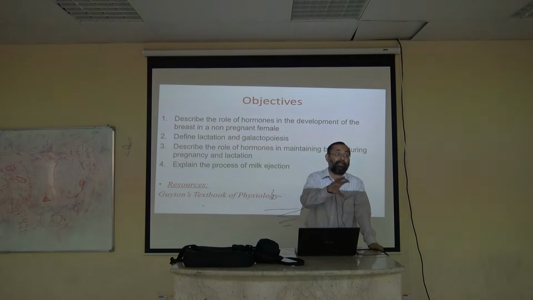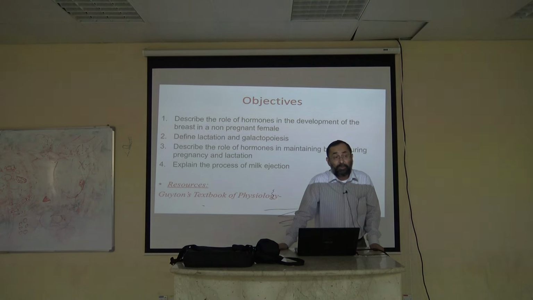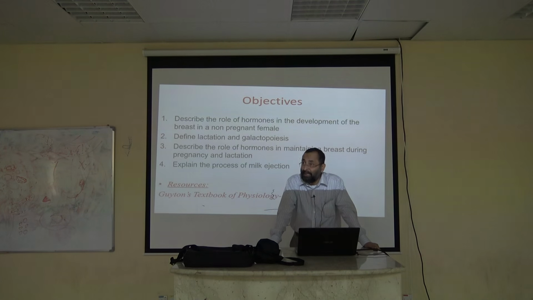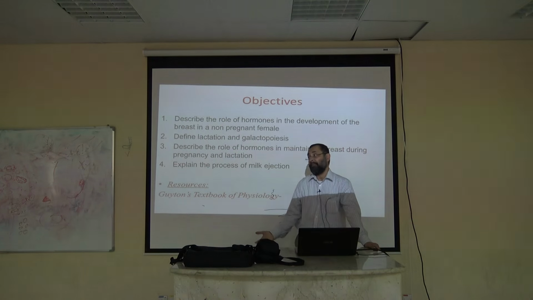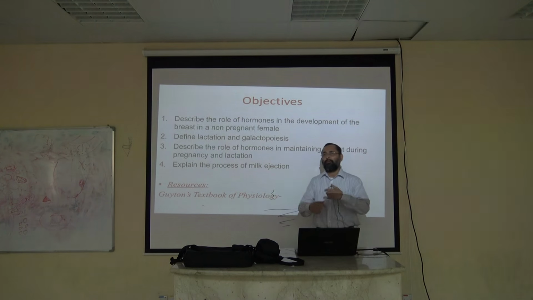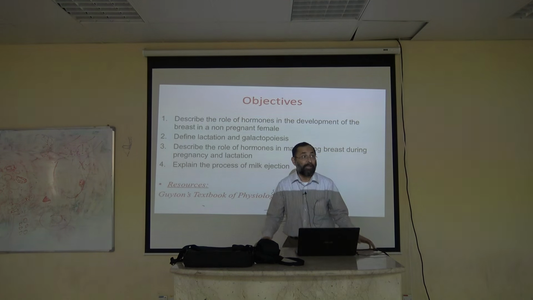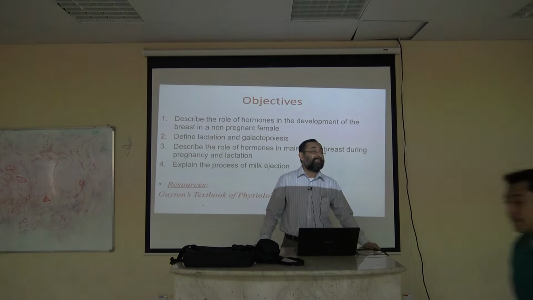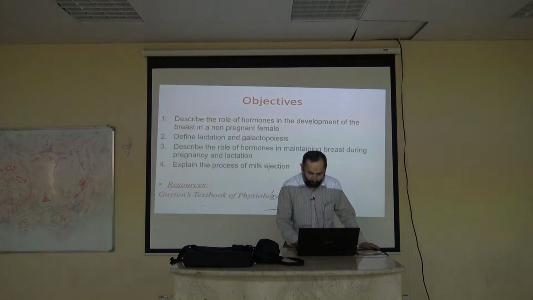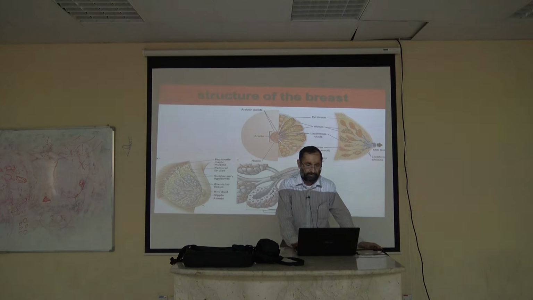Our main target is how the breast prepares itself for lactational purposes, and for producing the milk and maintaining that milk for a certain period of time. That is the most important point. And we'll talk about the processes, or the reflexes, which are involved in the milk secretion and milk ejection. That will be the target of our discussion.